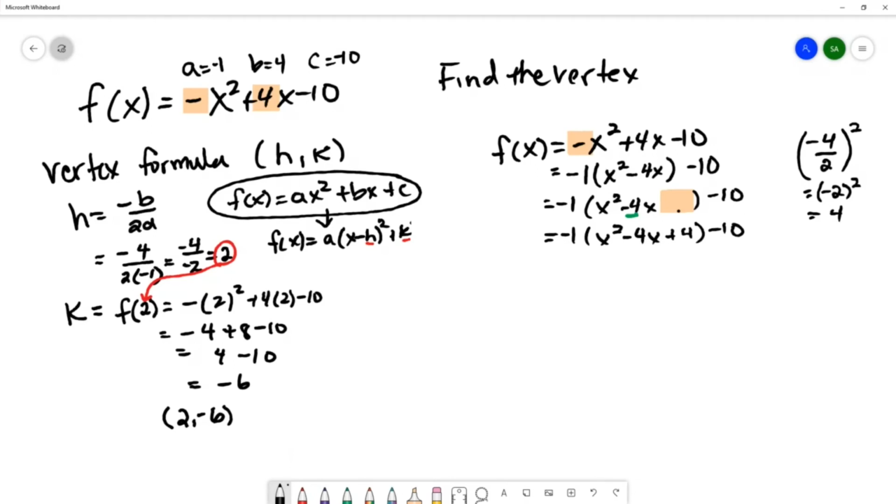By writing that +4 inside of the parentheses, this number in the front affects it because of the distributive property. So even though I wrote +4, that actually subtracts 4 from the overall equation. So in order to balance that out, I need to add 4 to the end to compensate for that -4.